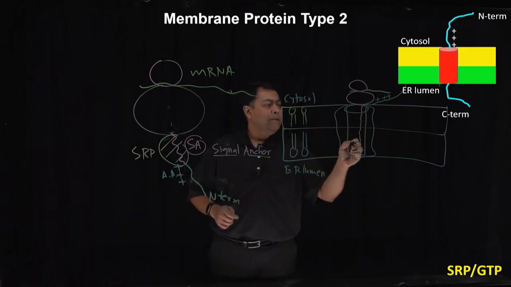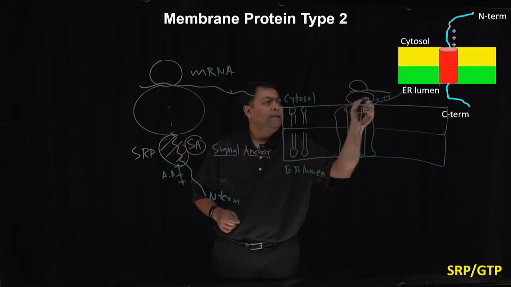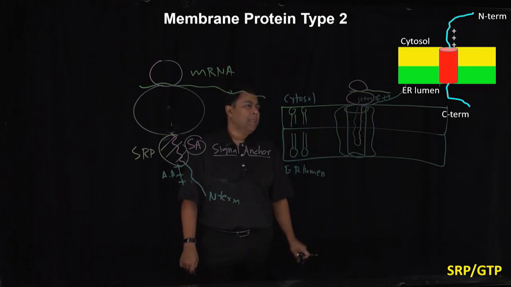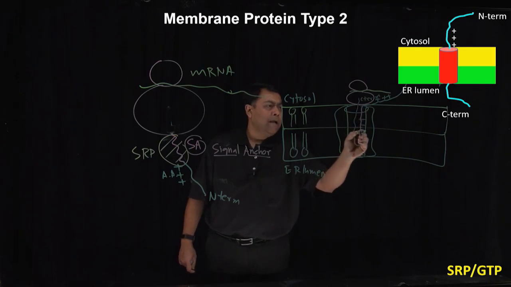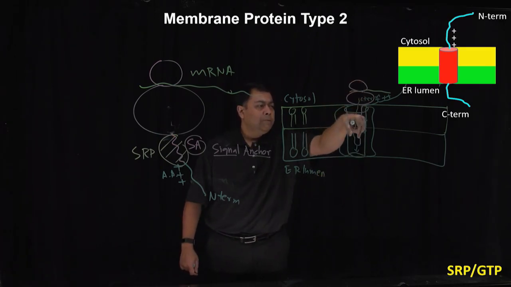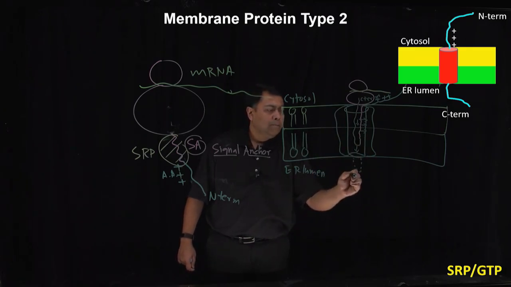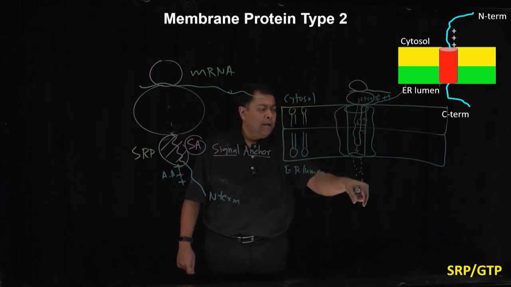After this, you can see that right here, I'm just drawing a different part. This is the C-terminal portion of the protein. And this entire U-shaped portion is interacting, kind of bound with the translocon, whereas this portion is synthesized, and this U-shaped string is basically being dropped through the translocon into the lumen.